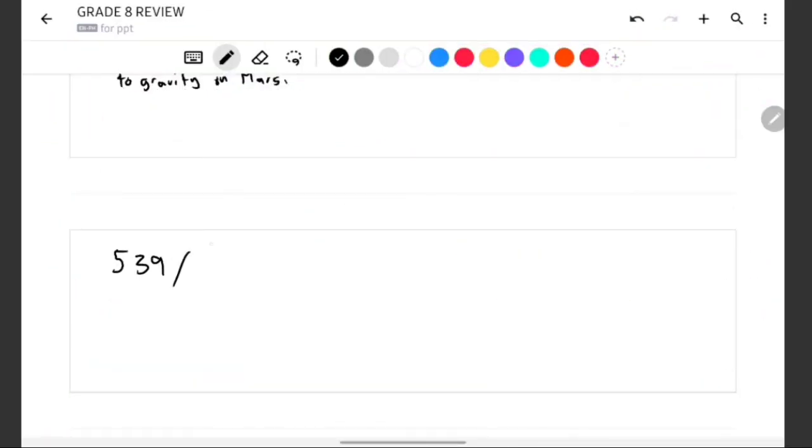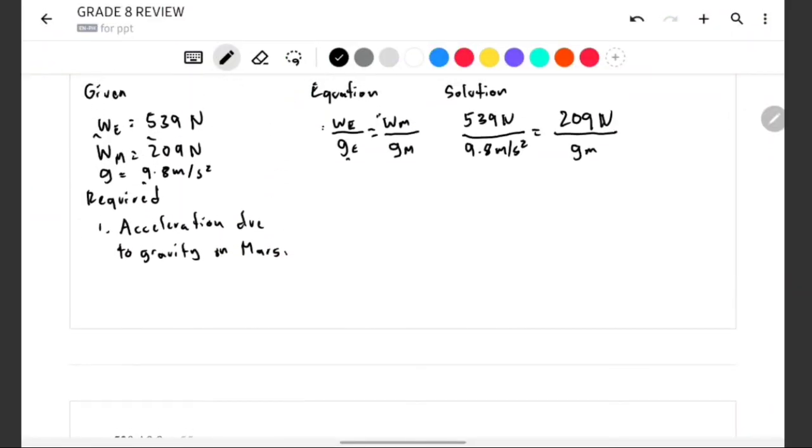539 divided by 9.8. That's equal to 55. So, kilograms na yan. Bakit kilogram? Balikan lang natin para hindi siya confusing sa inyo. I-rewrite ko lang yung equation.